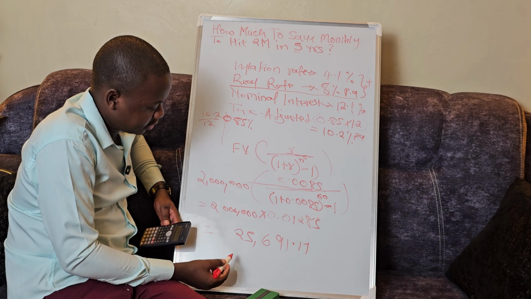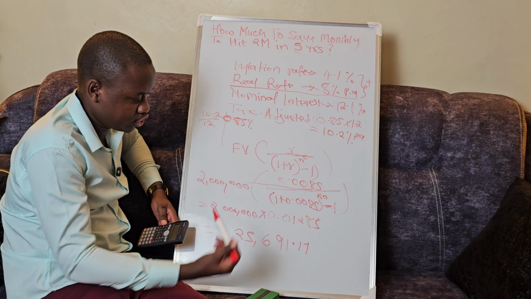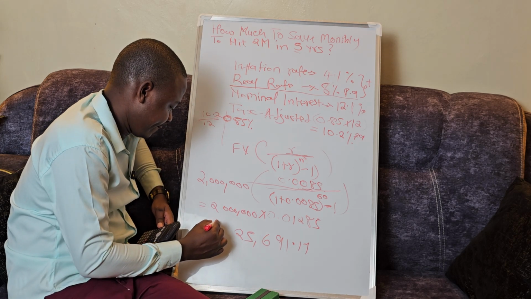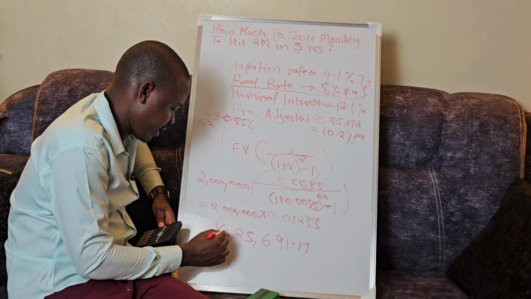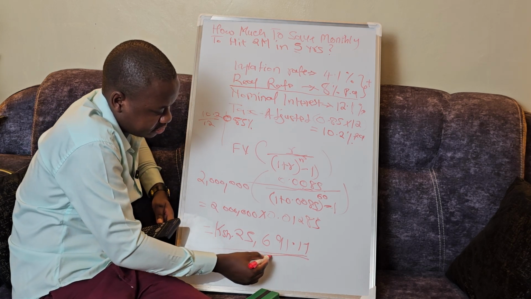In short, just 25,692 approximately. This is in the case of Kenya shillings.